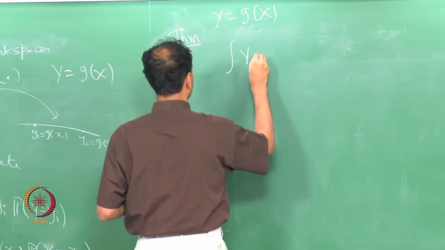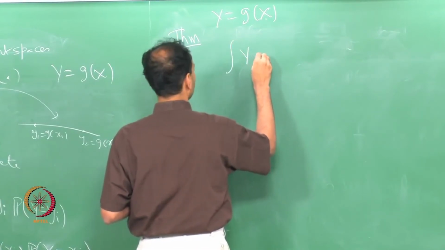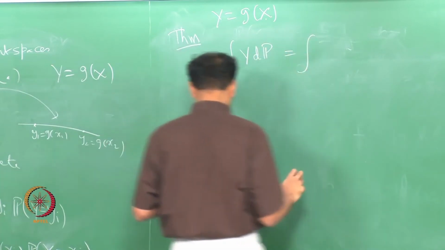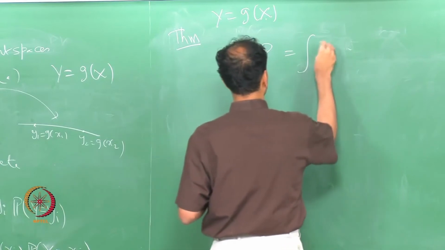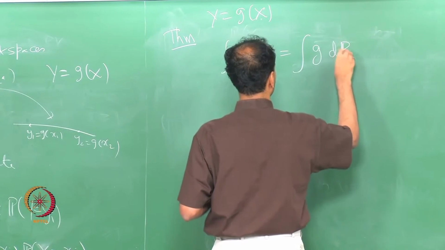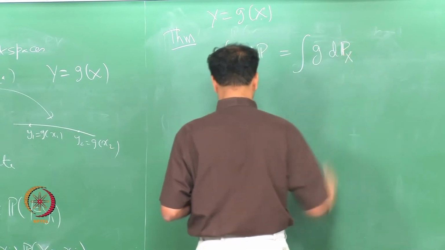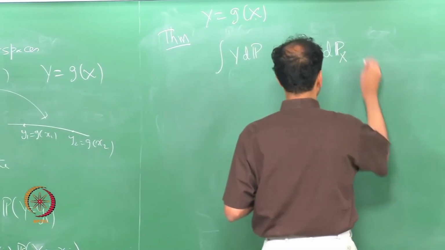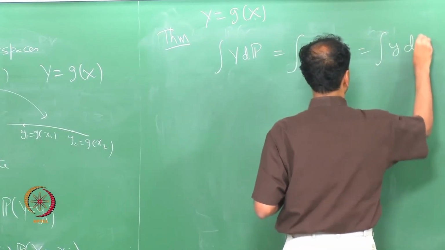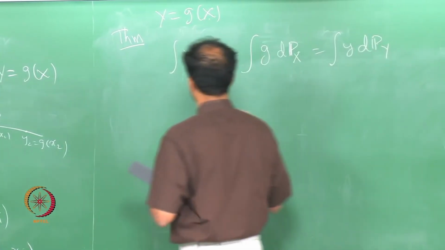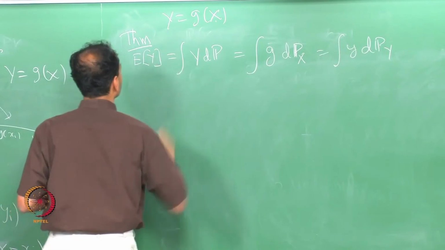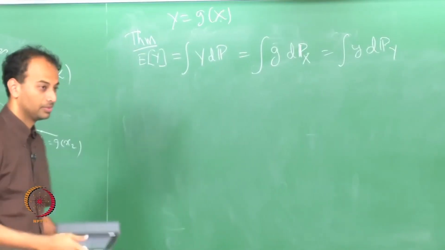Now, in this setting, the integral of y dP is equal to the integral of g dP_x, which is equal to the integral of y dP_y. Okay, that is the theorem.